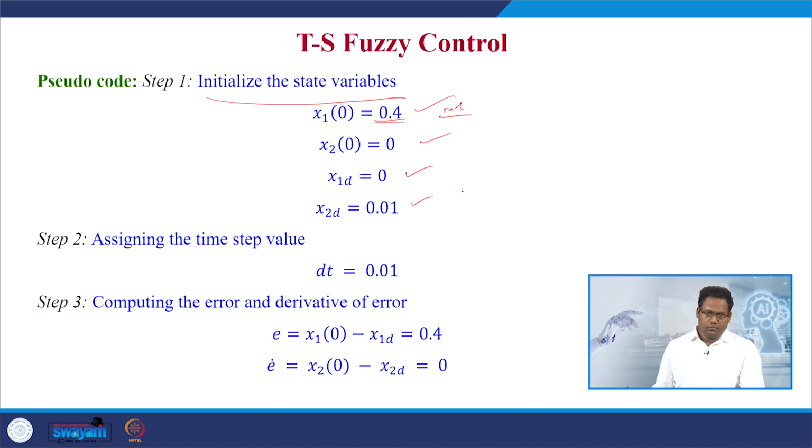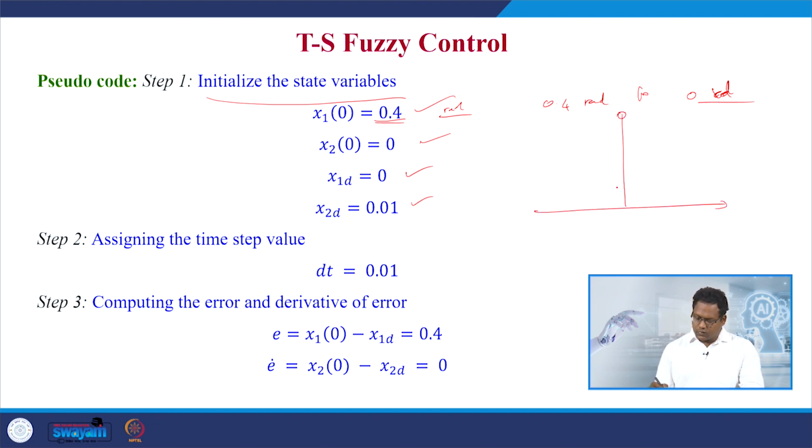So, it has to come and settle down from 0.4 radian to 0 radian, and hence it is a regulation problem.